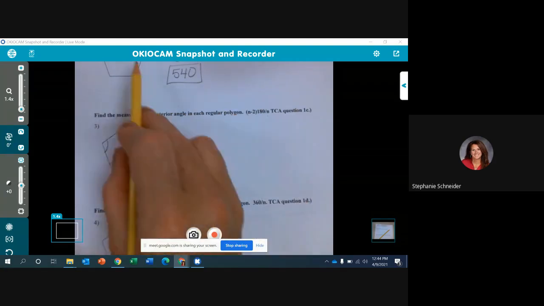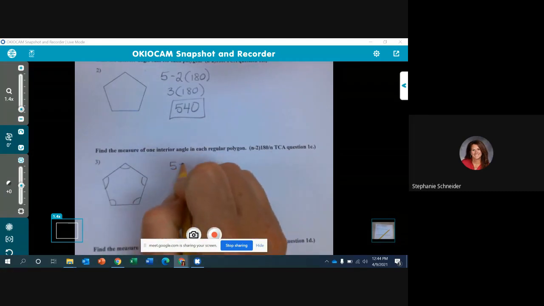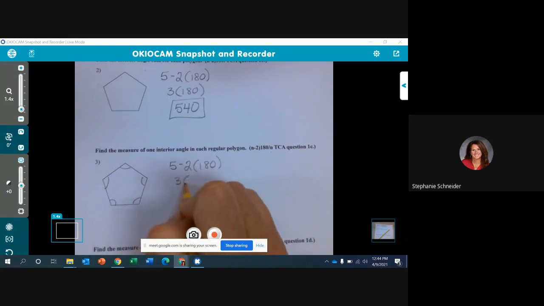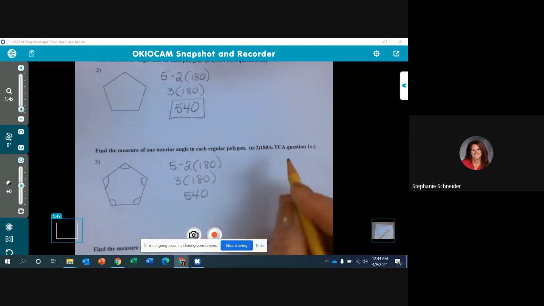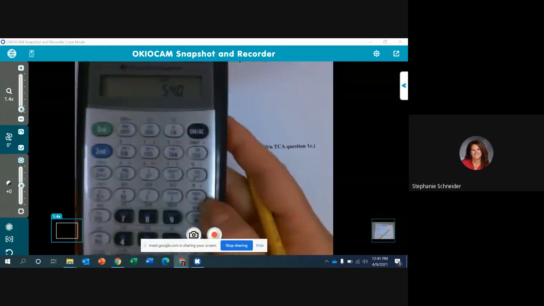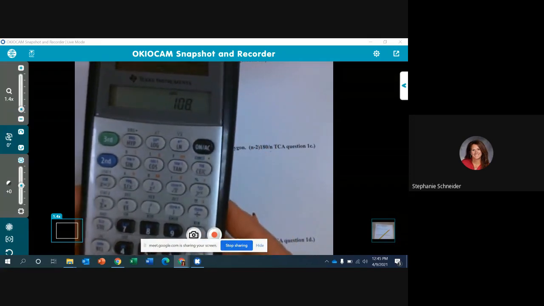So the number of sides again, because it's the same figure as the one above, is 5. So we're going to do 5 minus 2 times 180. We get 3 times 180. We get 540. And then we have to divide by the number of sides. So 540 divided by 5. I'm going to divide by 5 and I get 108.